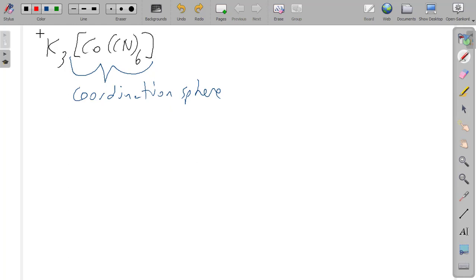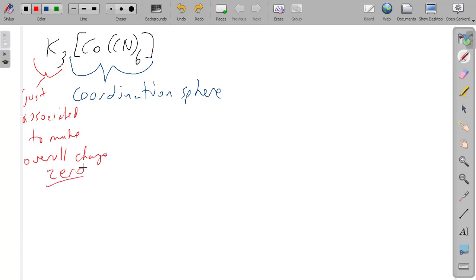This out front is just associated to make the overall charge 0, because remember, the charge on all compounds is zero. Those counter ions outside of the coordination sphere only exist as electrostatically bonded particles to make the overall charge 0. What we really care about is what's inside the coordination sphere.